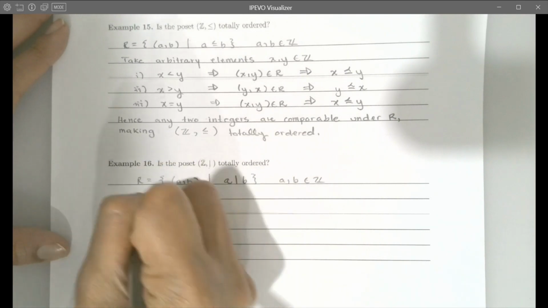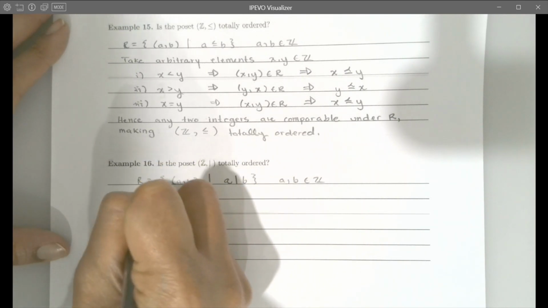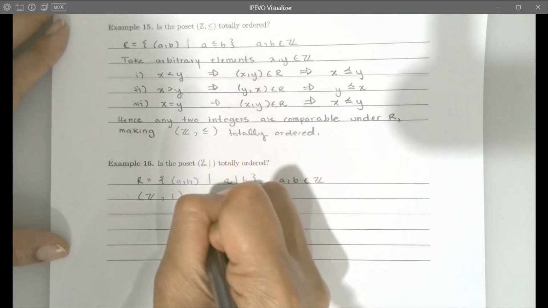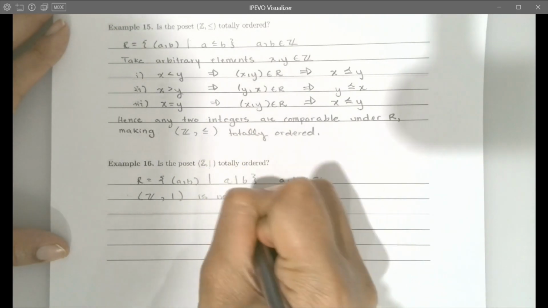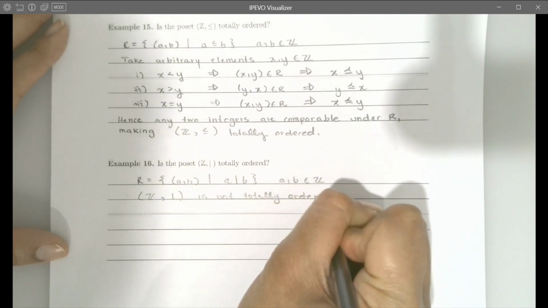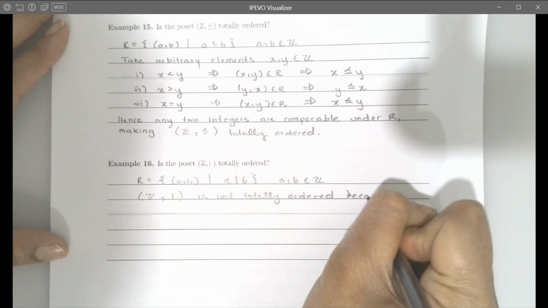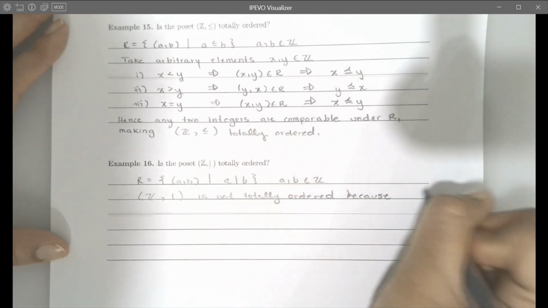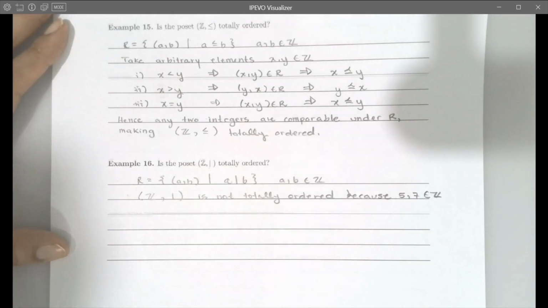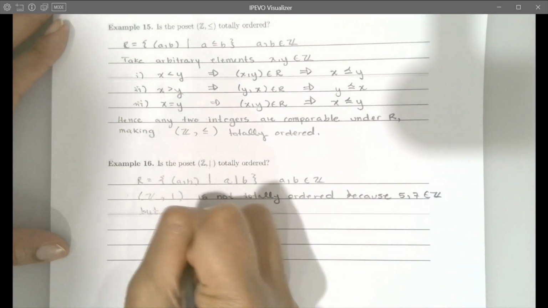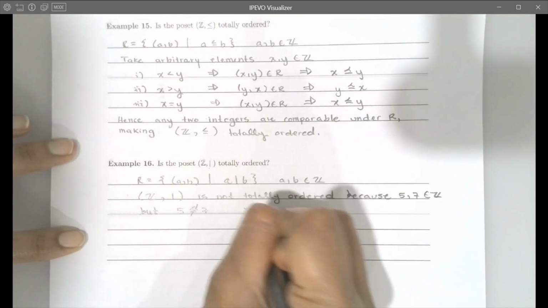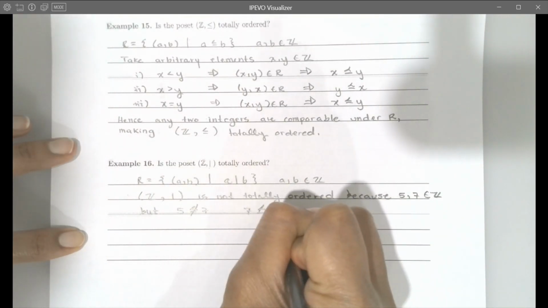So the answer here is Z with the divides operation is not totally ordered because we're just using one example. 5 and 7 are integers, but 5 cannot be compared to 7, and 7 cannot be compared to 5.